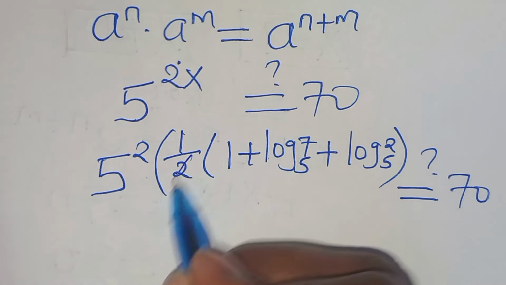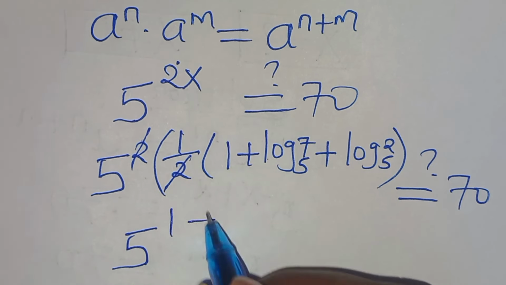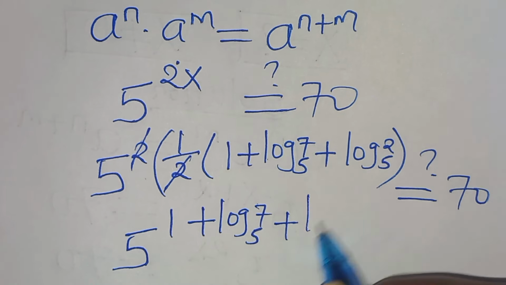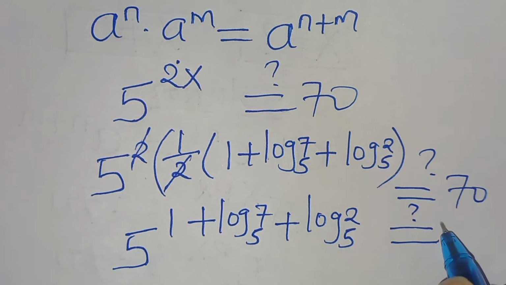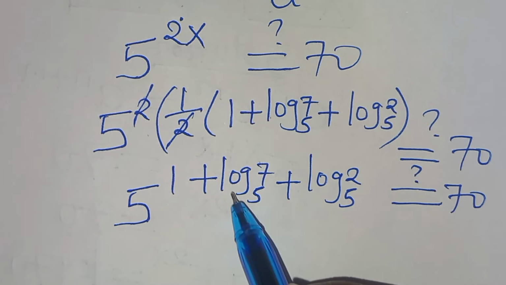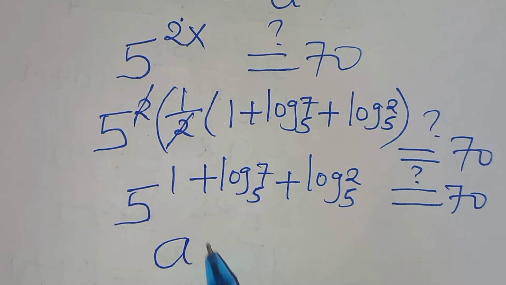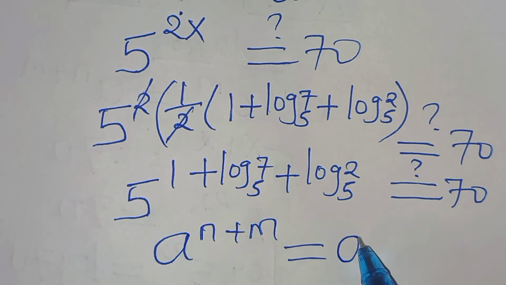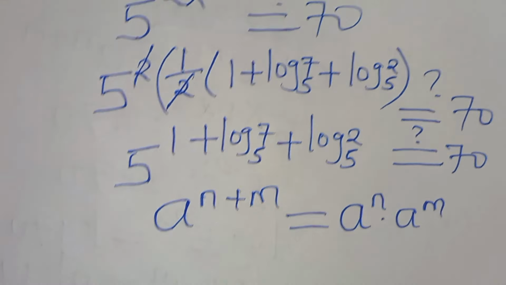So let's simplify 2 and 2 here so that we have 5 to the power of 1 plus log 7 to base 5, then plus log 2 to base 5. This is supposed to give us a value of 70. Now 5 to the power of 1 plus log 7 to base 5 plus log 2 to base 5. This is in the form of a to the power of n plus m. And we can express this as a to the power of n times a to the power of m.